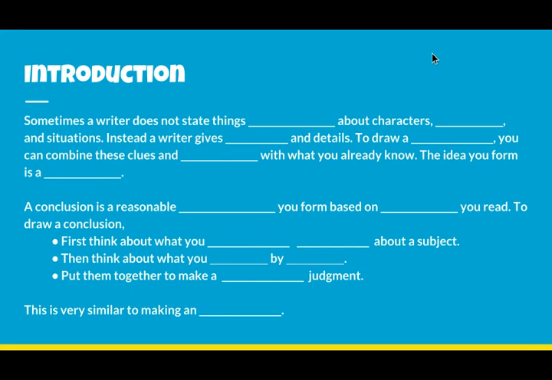A conclusion is a reasonable judgment you form based on details you read. To draw a conclusion, first, think about what you already know about a subject. Then, think about what you learned by reading. Put them together to make a reasonable judgment.